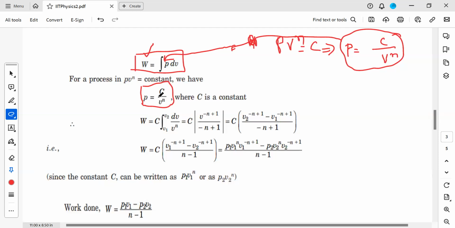Substituting this P in the work done formula, the constant comes out of the integration. The integral is over volume from V1 to V2 of dV by V^n.